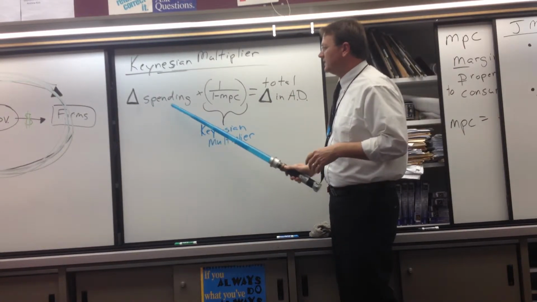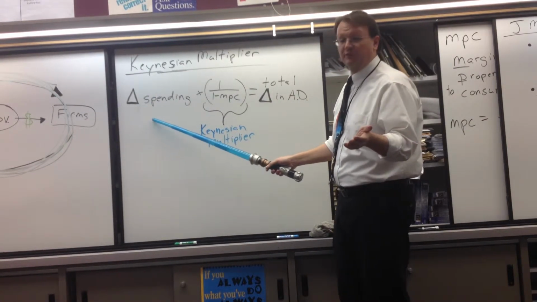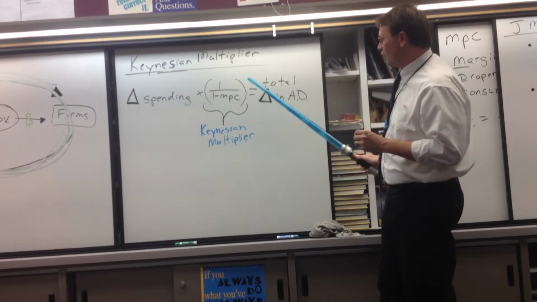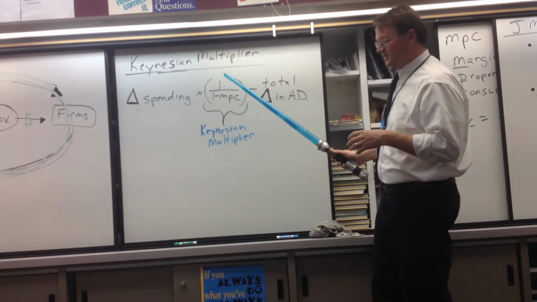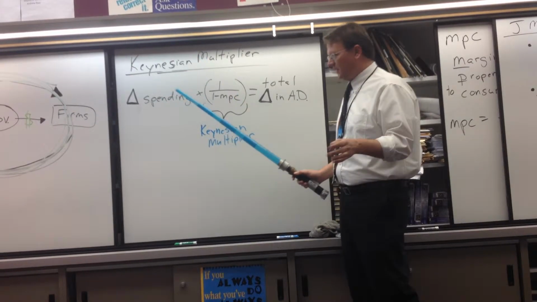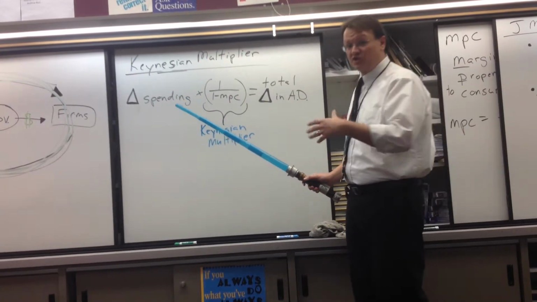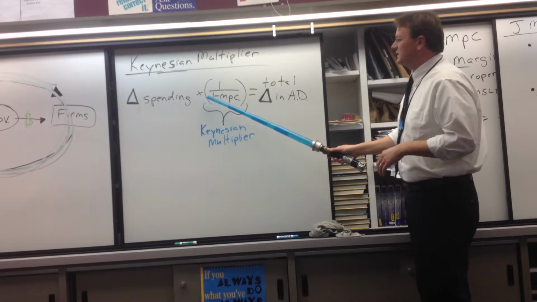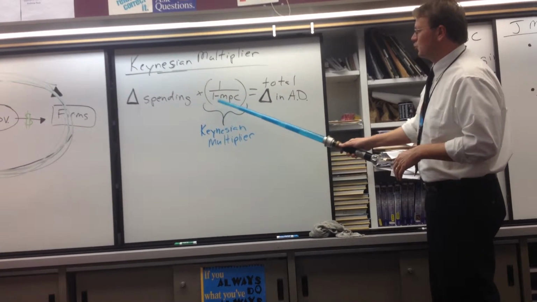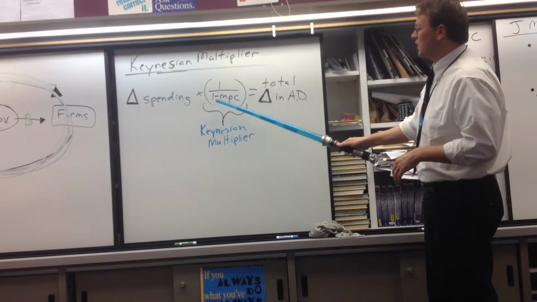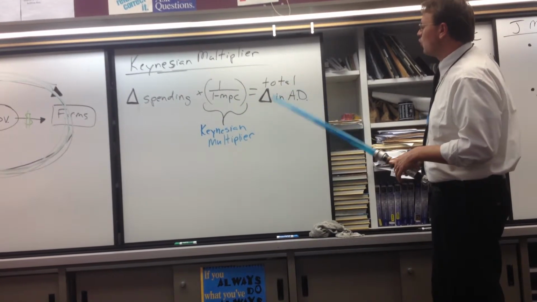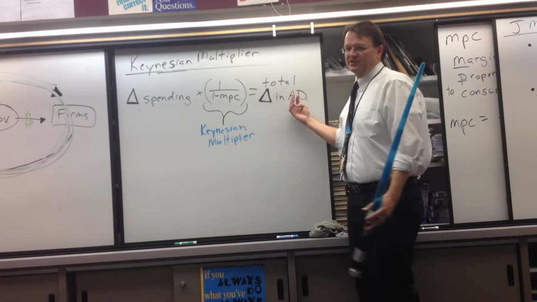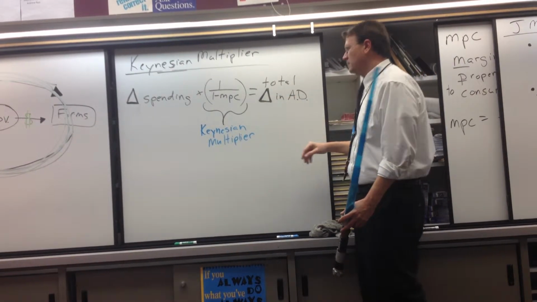A change in spending, remember delta is that universal symbol for change in. A change in spending times this little formula right here for figuring out how much spending changes things. So the change in spending times 1 divided by 1 minus the MPC equals the total change in aggregate demand and GDP, and of course there's also a change in unemployment with that too.